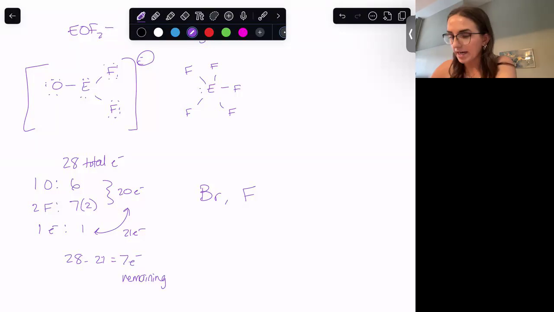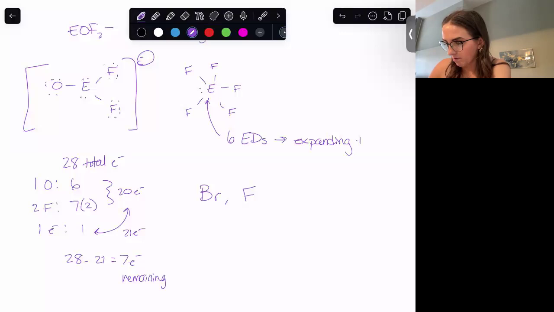However, based off of the second structure, what is our E element doing? How many bonds does it have? Or how many electron domains does it have? It has 6, right? 6 electron domains. So we call that expanding the octet. Can fluorine expand its octet?